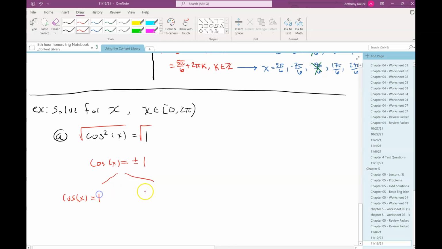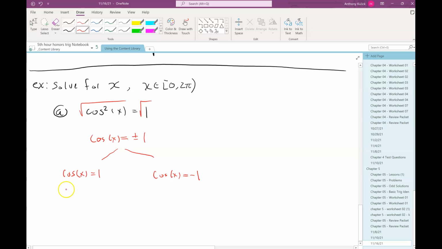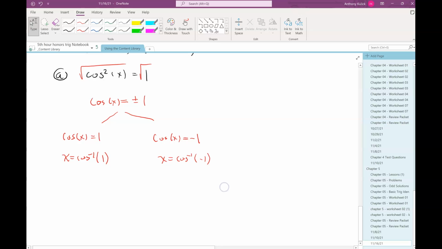I'm going to solve cosine x equals positive 1 and cosine x equals negative 1. So I can apply the cosine inverse to both sides of each equation. So far, so good.